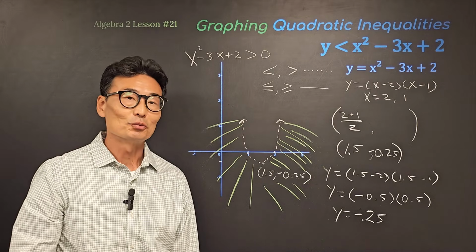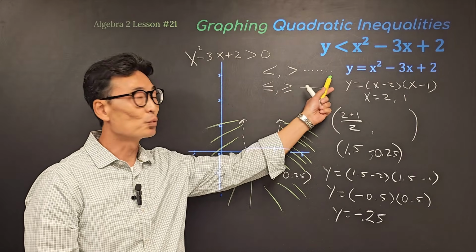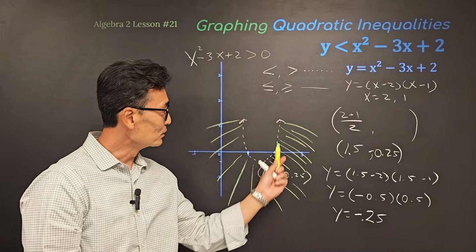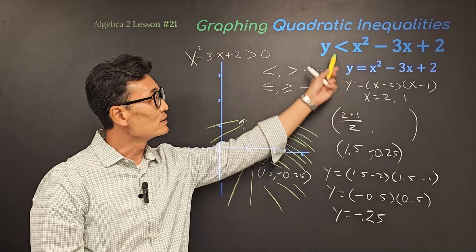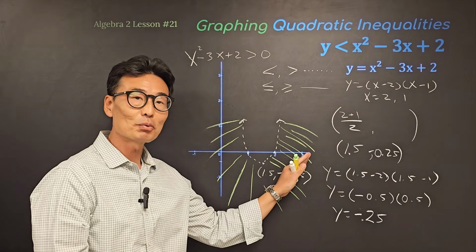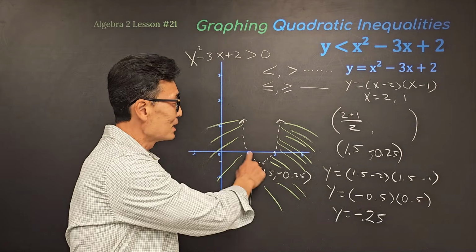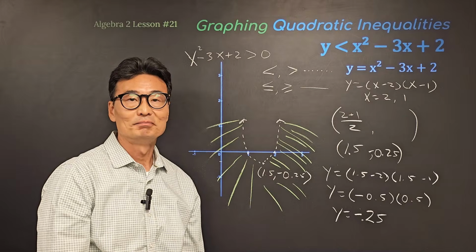Like that. So remember, when it's less than or greater than, make sure you graph the parabola with the dotted line. And when it's less than, it's going to be below, which is outside the parabola. However, if it's greater than, it's going to be above or inside the parabola.